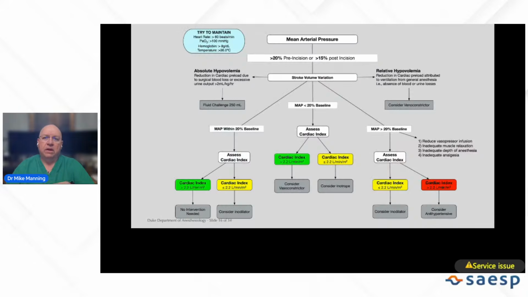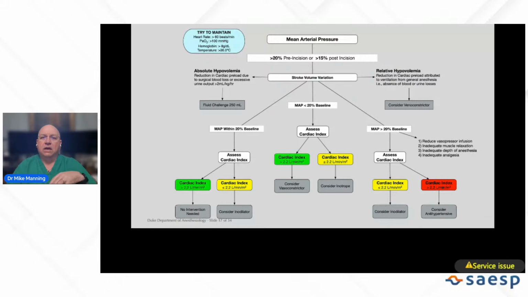And the algorithm that I personally use when I'm evaluating patients with hypotension, I'll start by looking at the mean arterial pressure, and then I'll look at the data that I get to see if stroke volume is changing.